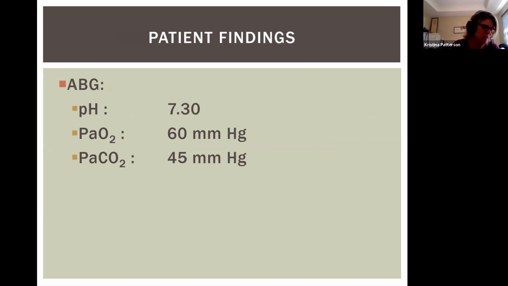So we have a pH of 7.30, a PaO2 of 60, and a PaCO2 of 45. All right, so we don't have a bicarb level here, so we're just going to assume that the bicarb level is normal. All right, and I'm going to start the screen share with my iPad, and we'll draw this one out.